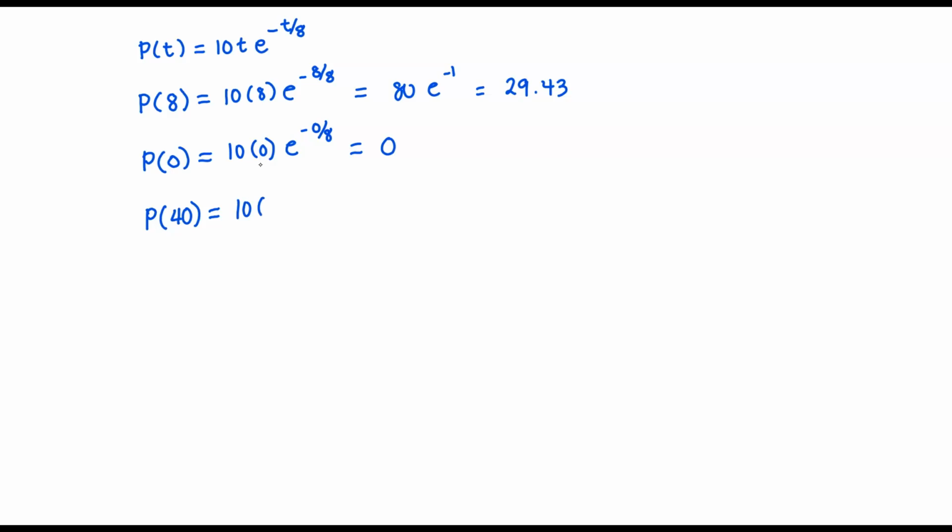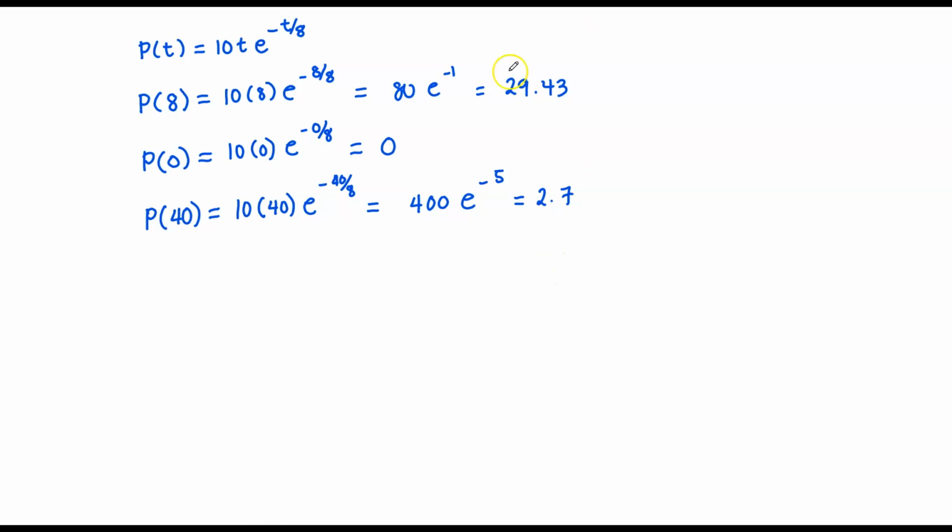That is 10 times 40 times e to the negative 40 over 8. This is equal to 400 times e to the negative 5, since 40 divided by 8 is 5. And then let's plug this into your calculator, and this is equal to 2.7.